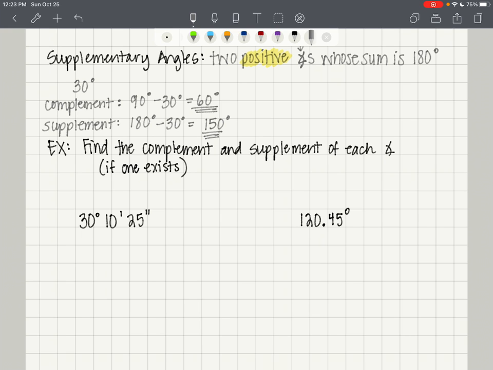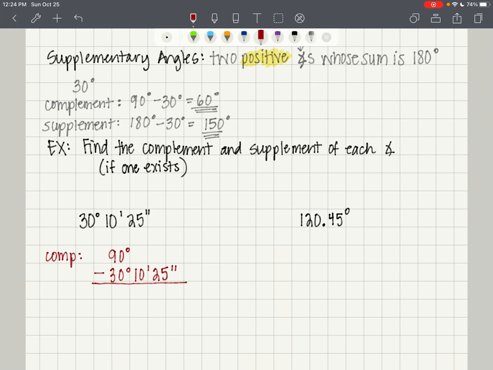So we have this angle, 30 degrees, 10 minutes, 25 seconds. We want to find the complement. The complement is going to equal 90 degrees minus the 30 degrees, 10 minutes, and 25 seconds. Now, in order to subtract, we need to subtract seconds from seconds, minutes from minutes, and degrees from degrees.